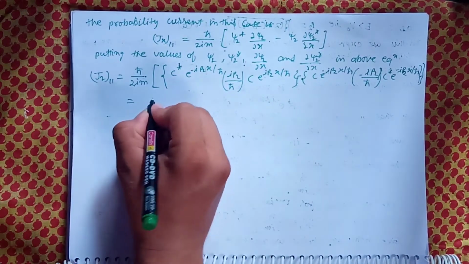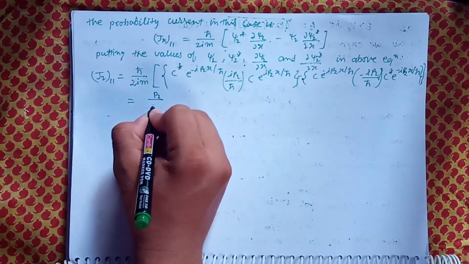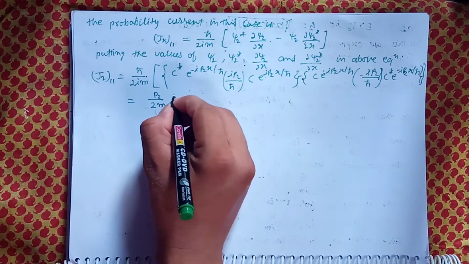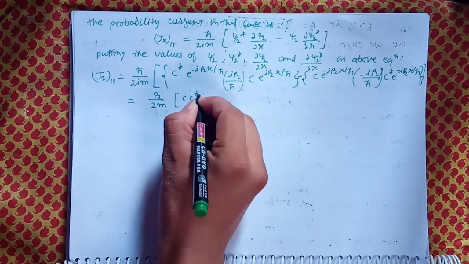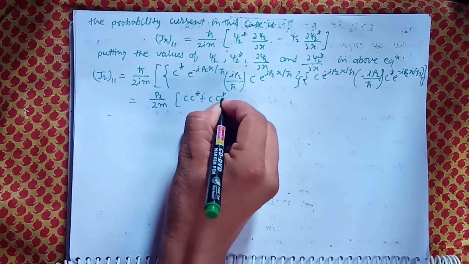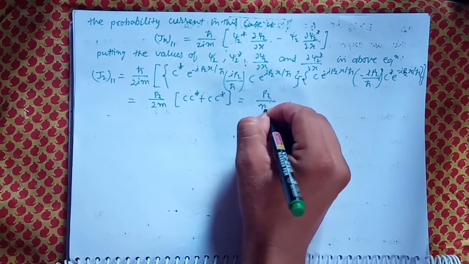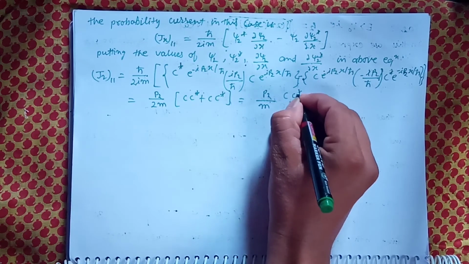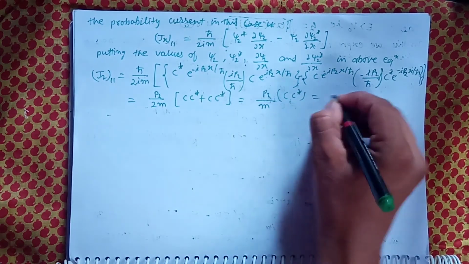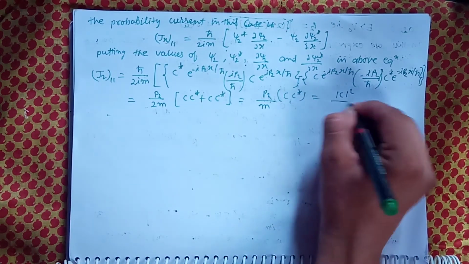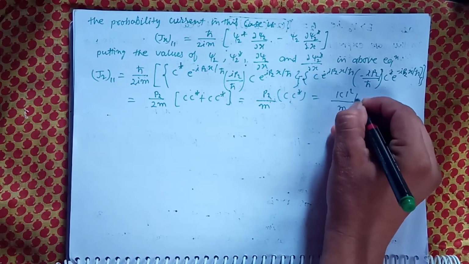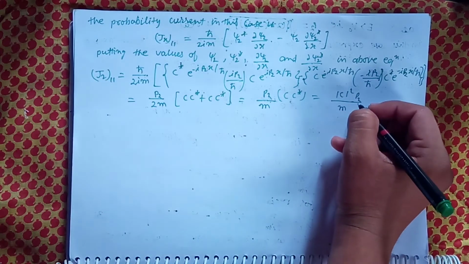After solving this equation we get p2 over m C C star, that is mod of C square p2 over m.